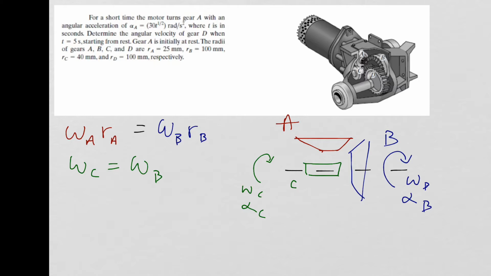Okay, and we know that gear C is in contact with D. So at the end we have our D. So that will be D. And because of the contact, again we will apply the velocity ratio.